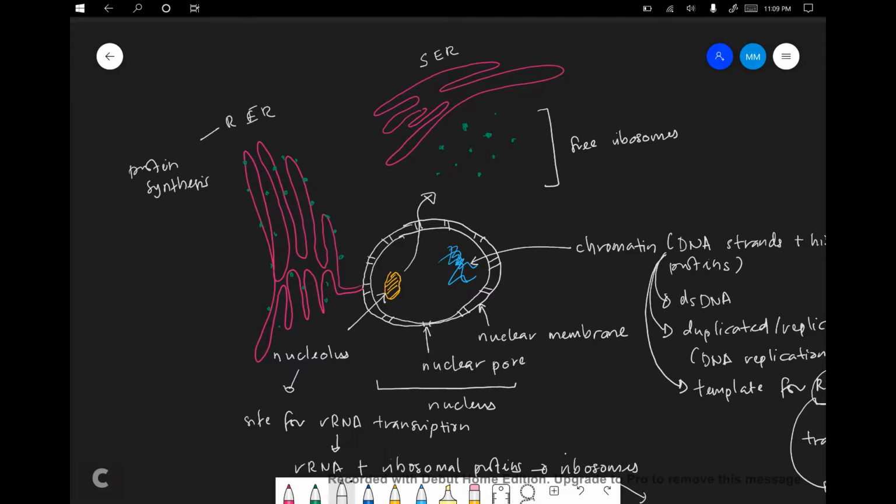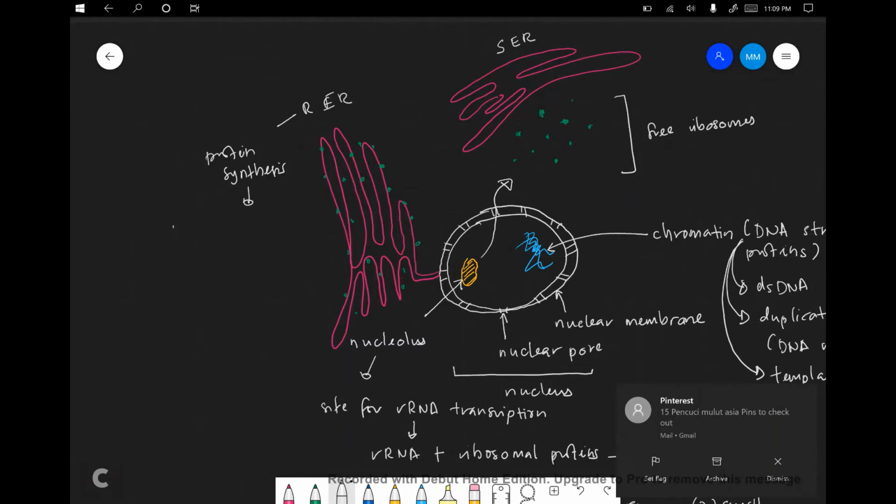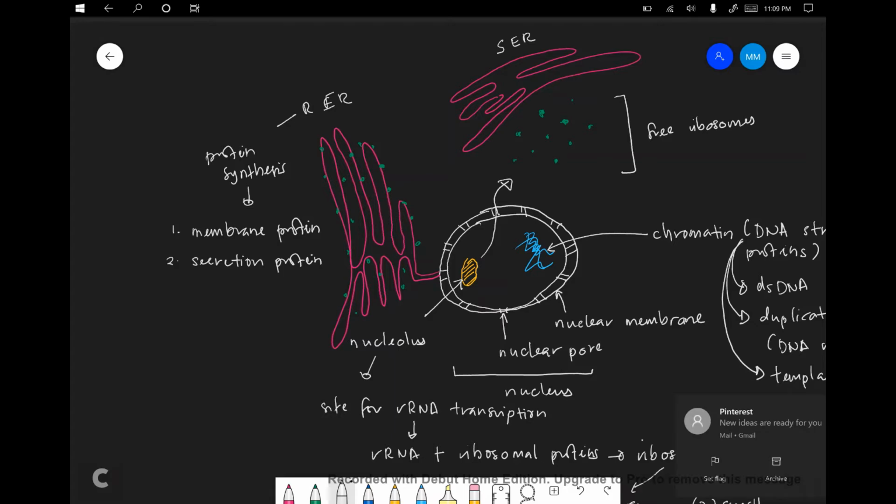Right, and there are two kinds of protein produced by rough endoplasmic reticulum. The first one is what we call membrane protein, and number two is what we call secretion protein. So what does it mean by membrane protein?